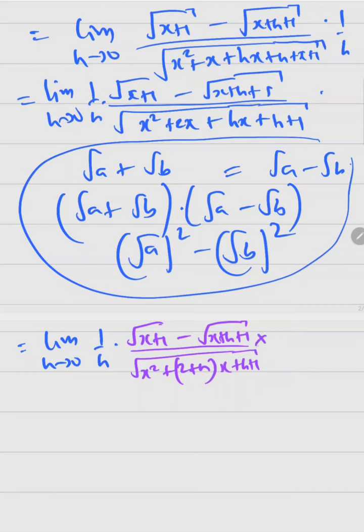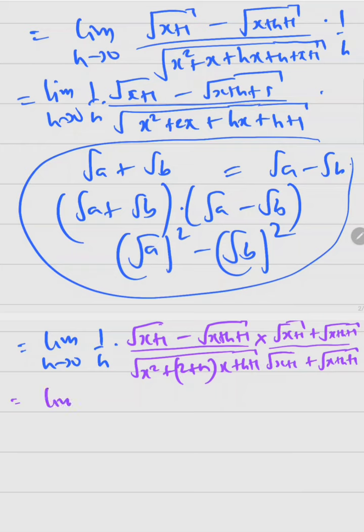You multiply by the conjugate of the numerator, then I'm going to have square root of s plus 1 plus square root of s plus h plus 1. What you do for the numerator, you have to do for the denominator, s plus 1 plus square root of s plus h plus 1. I hope you understand now.